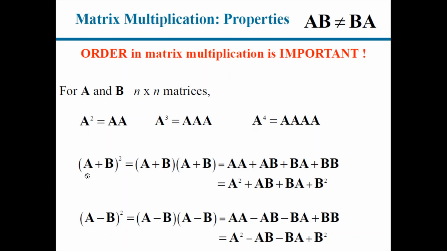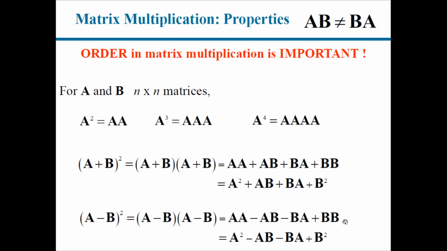Another interesting thing is when we have square of a summation of two matrices, obviously they need to have the same size and they need to be square. So A plus B squared is actually A plus B times A plus B. Now we distribute properly, so we have A times A plus A times B plus B times A plus B times B. So we know that A times A is written as A squared, and B times B is written B squared.